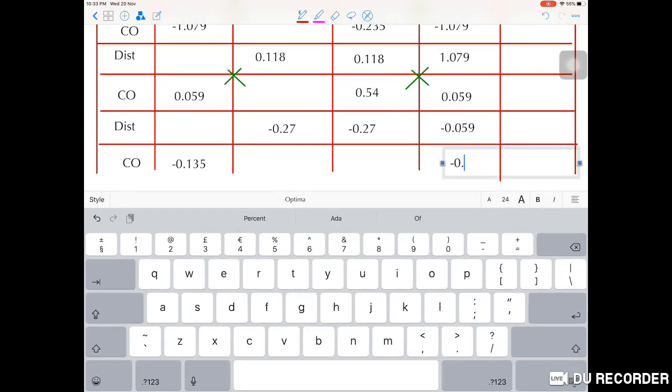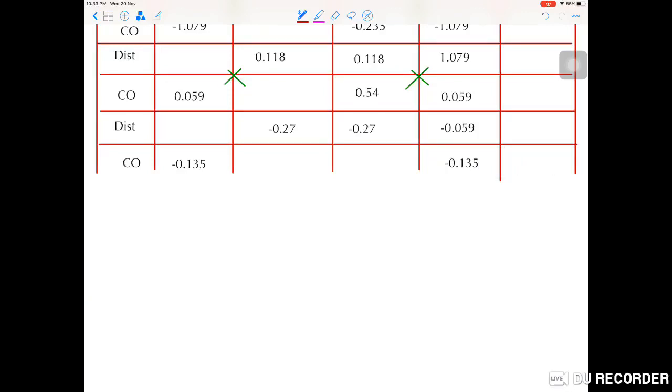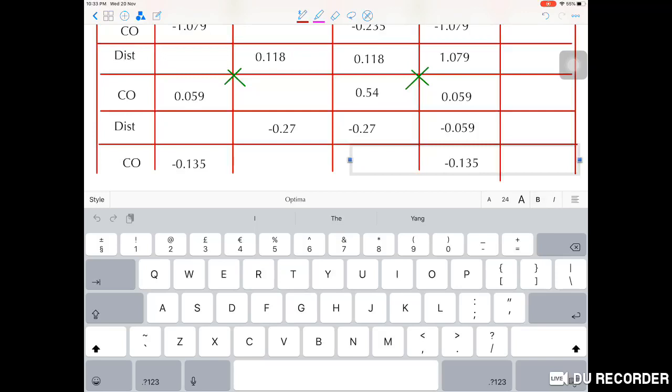Negative 0.135. And 0.059 is negative 0.03.